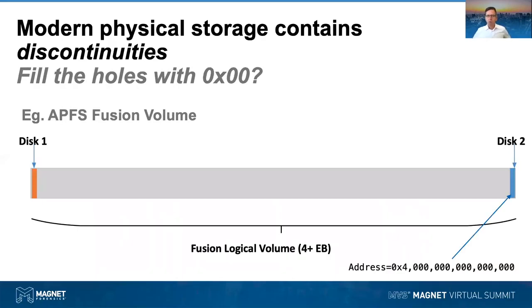But we do have some more interesting discontinuities showing up more recently. A key case in point that's affecting many forensicators at the moment is APFS fusion volumes.